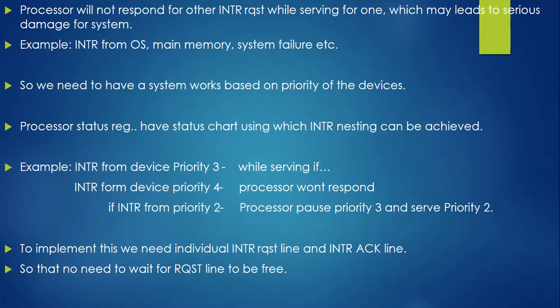But if an interrupt from priority 2 occurs, the processor pauses priority 3 and starts serving priority 2. Later priority 2 finishes, then priority 3 finishes, then it comes to priority 4.